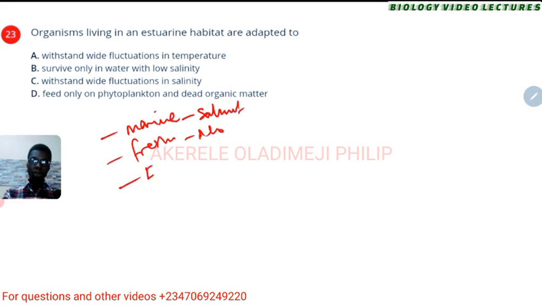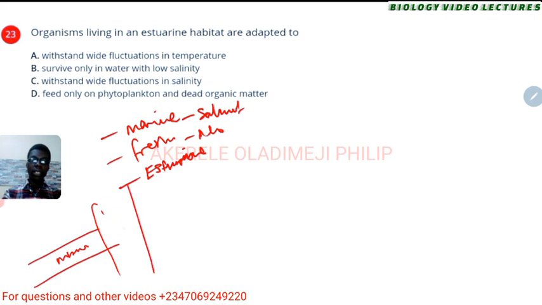While estuarine has a mixture of the two. Estuarine is formed when marine water, which is salty, meets fresh water, which is not salty. This area where they meet is called an estuarine habitat, and the water that forms there is called brackish.